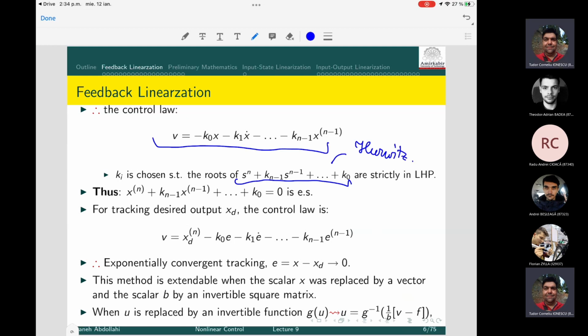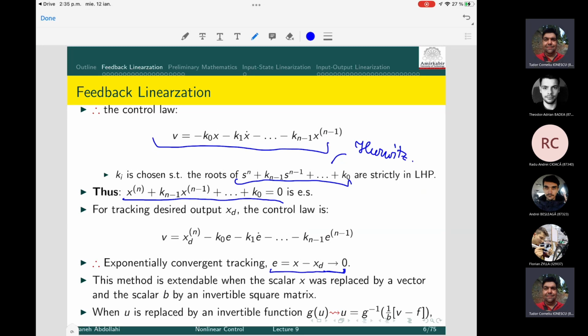Hence, this equation is ES, exponentially stable. That's what it means. This is exponentially stable, due to this requirement of having this polynomial Hurwitz. And you also get exponentially convergent tracking of this form.